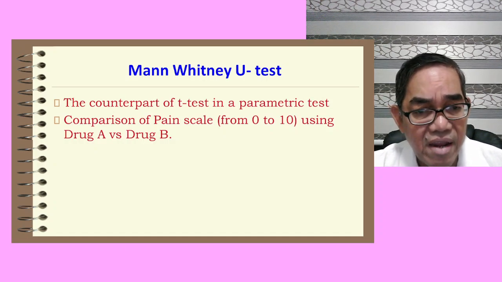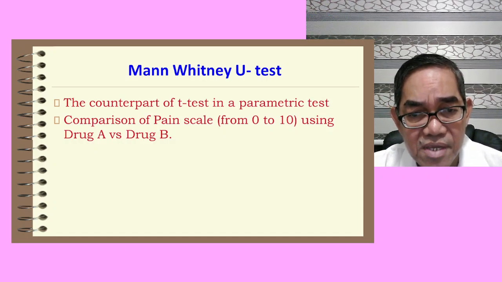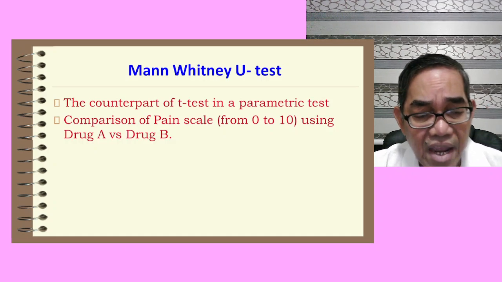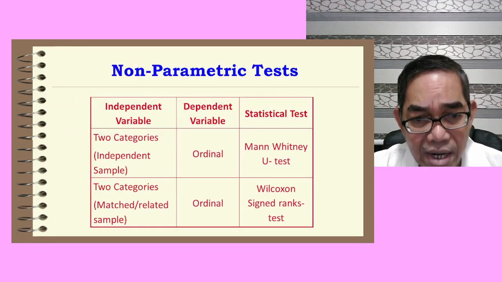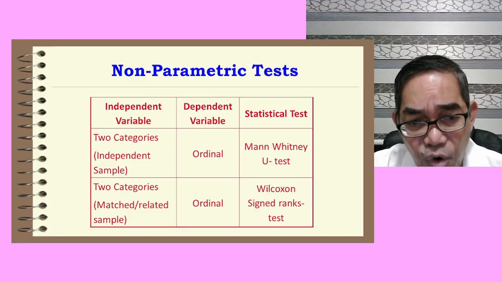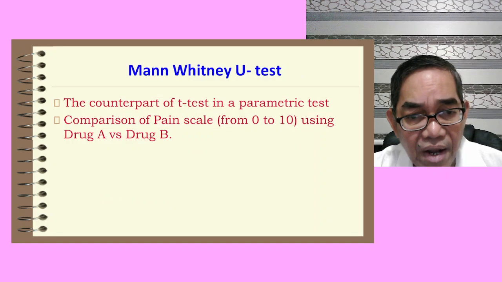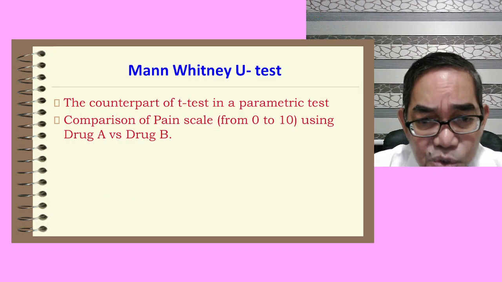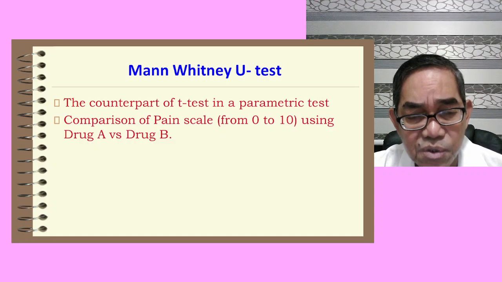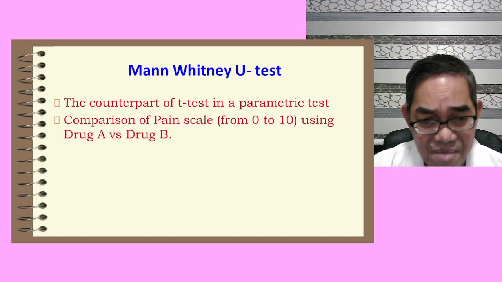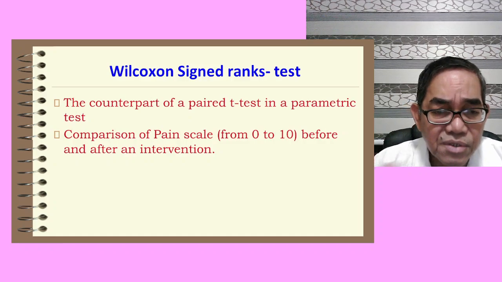Those given drug A are different from people given drug B. And this could be either ordinal or interval. The statistical test to use is the Mann-Whitney U test.